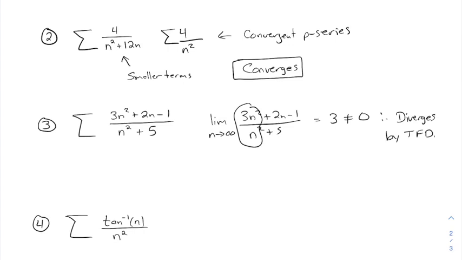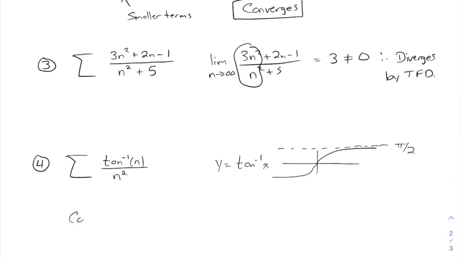Let's look at this one. This is kind of similar to the others, but we have to figure out what to compare it to. If you recall, y equals inverse tan of x looks like this. And it has a horizontal asymptote over here at pi over 2.